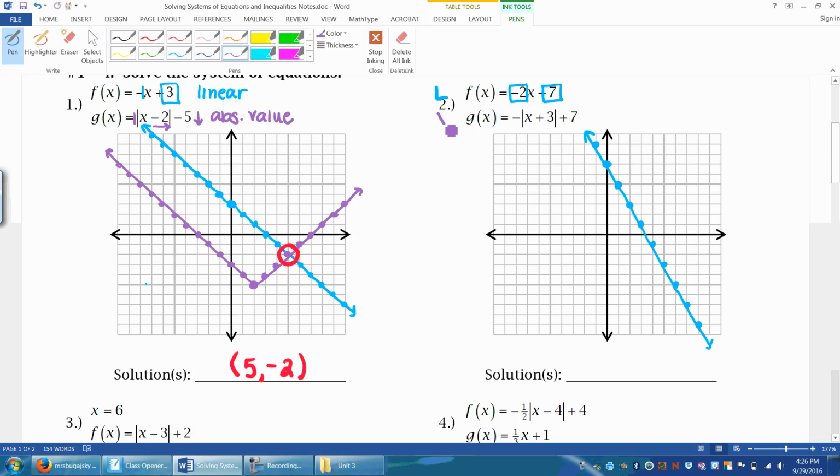G of x is the absolute value, so it should look like a V. It's going to move to the left 3 and up 7. And the multiplier out in front is a -1, so that's going to reflect it. We're going to go down 1, right 1.